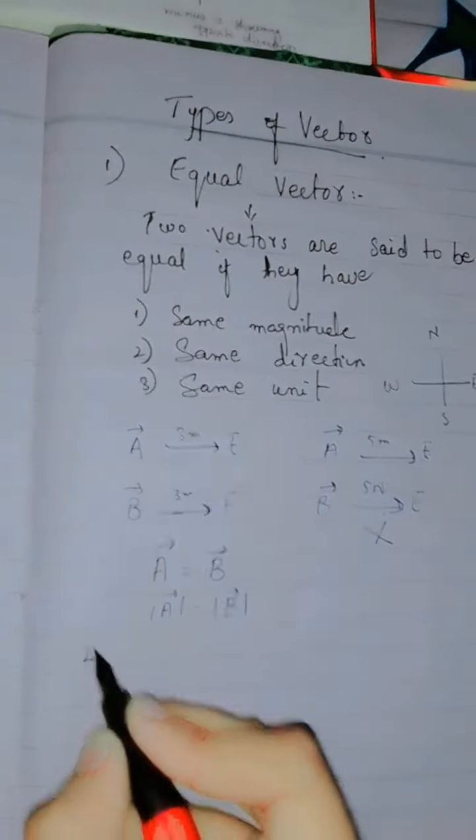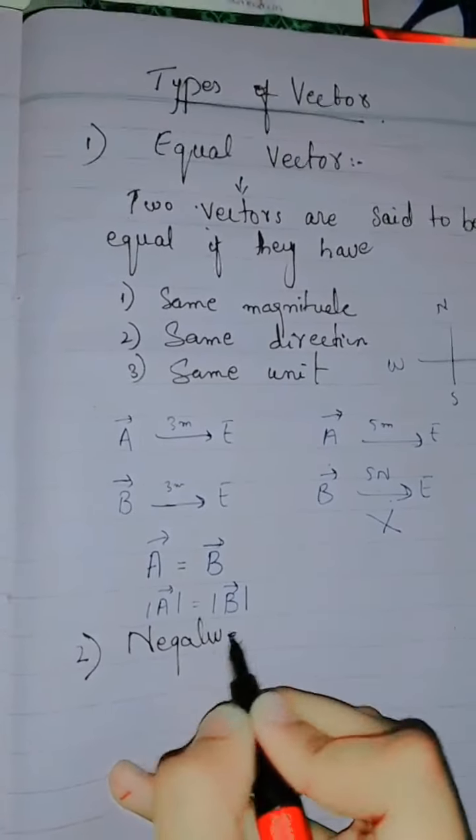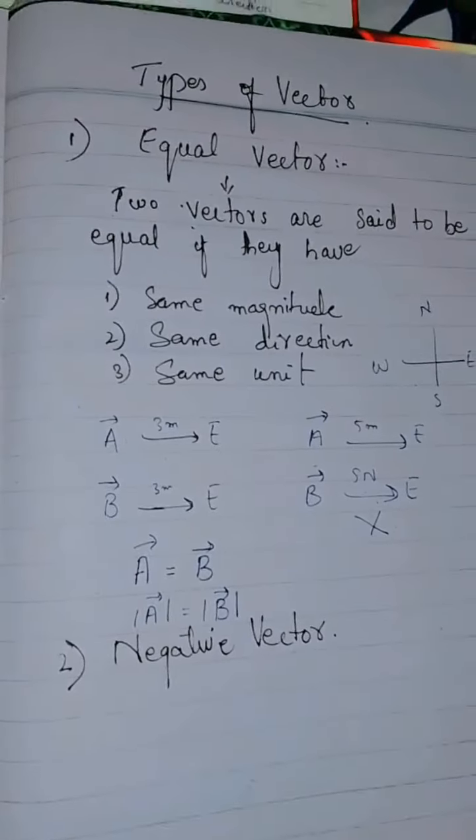Now we come to the second vector, that is negative vector. What is negative vector?